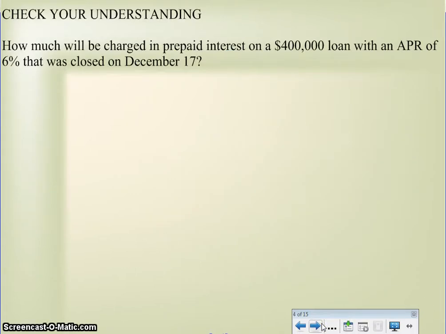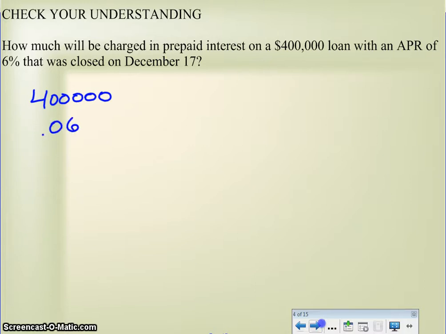All right, please press pause, solve the check your understanding, and when you're ready, come back and we'll solve it together. All right, so let's take a look at it. Let's go through the steps. How much will we be charged in prepaid interest? Well, breaking it down, it was a $400,000 loan at 6% interest.